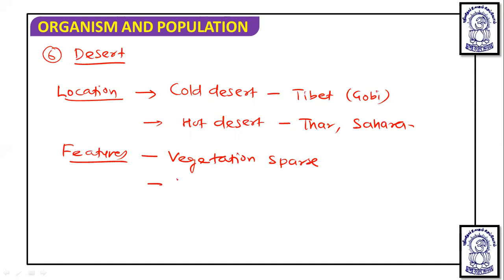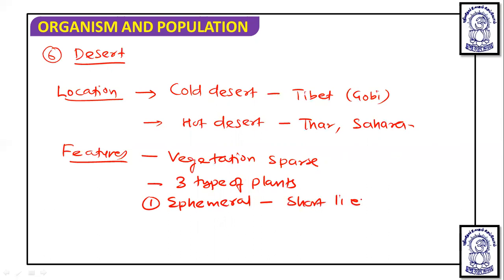Here three types of plants are found. Number one are ephemerals, meaning short-lived annual plants, short-lived annual herbs. Second are succulent xerophytes.